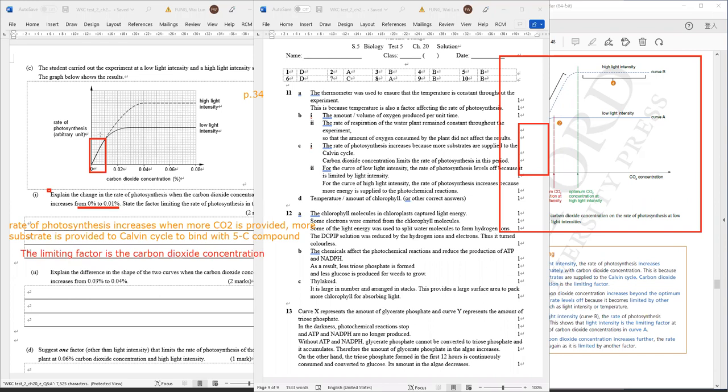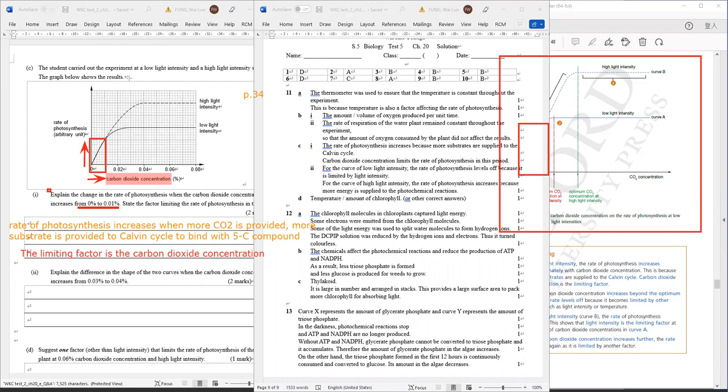When you provide more CO2, this photosynthesis can speed up. So we call carbon dioxide concentration the limiting factor.